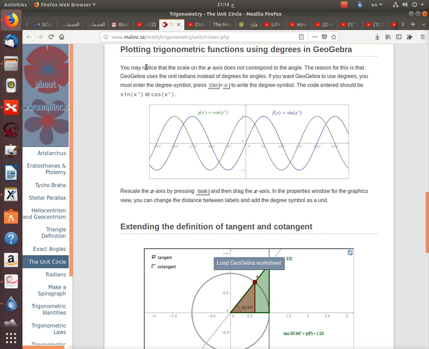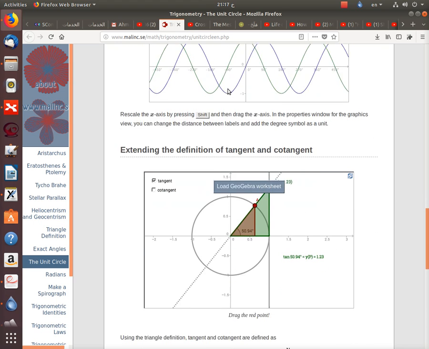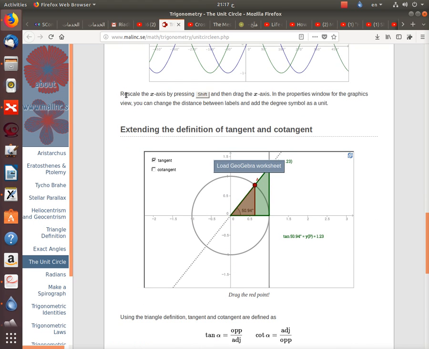This is technical stuff. If you go to GeoGebra or anything and want to do angles, you press Ctrl and O and rescale the x-axis by pressing shift.